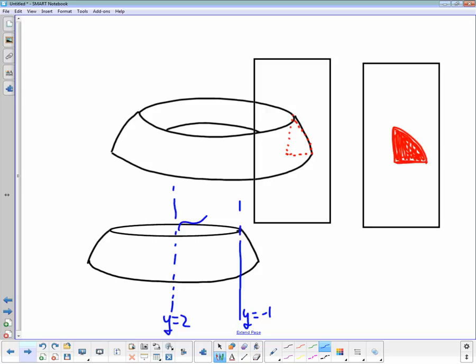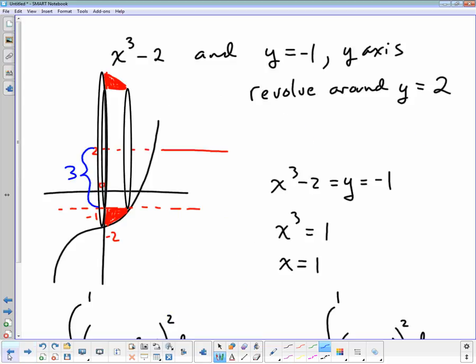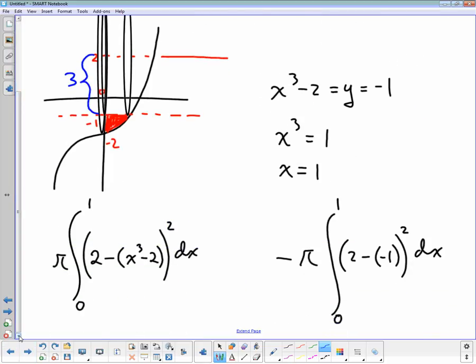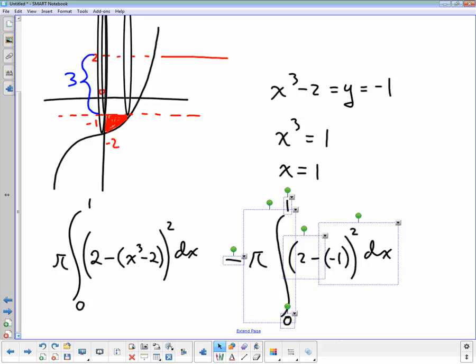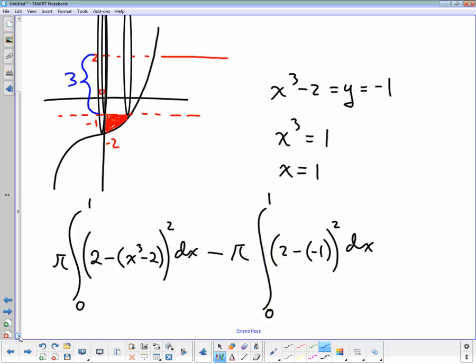So that radius should be 3. So when we come back here, this becomes a radius of 3. And it's a cylinder, pi r squared, and the radius is 3. So that part makes sense. At least it should.